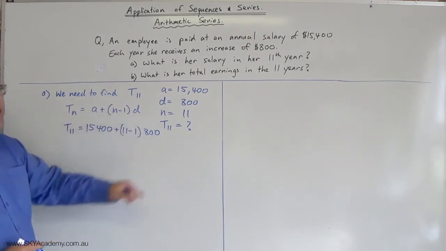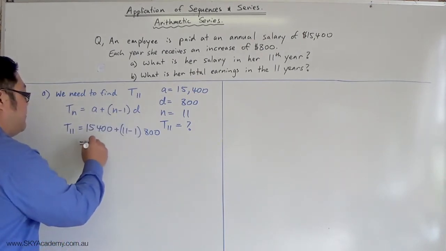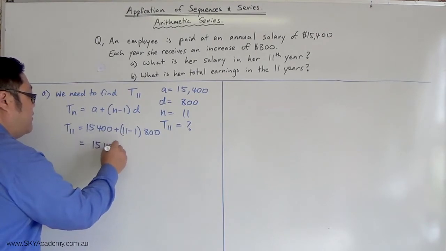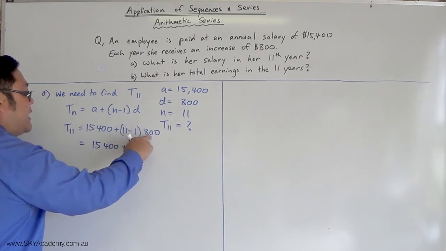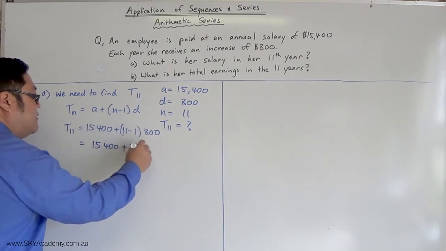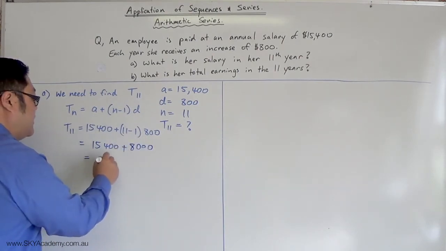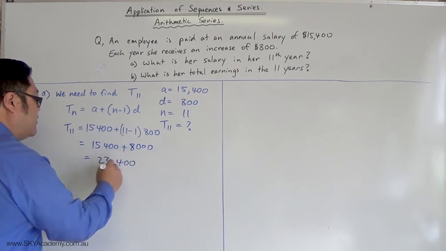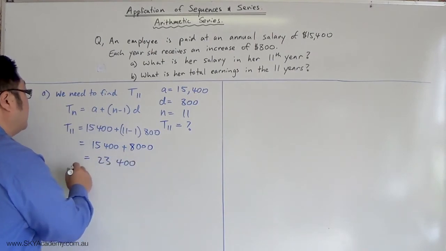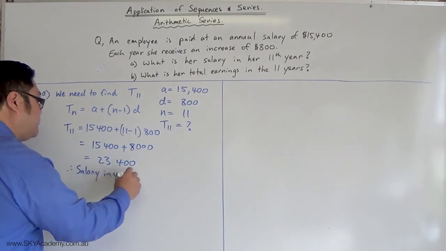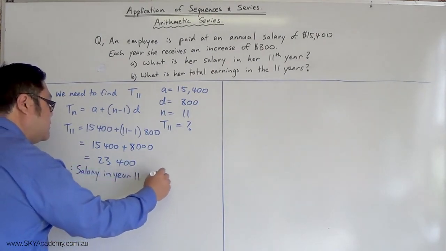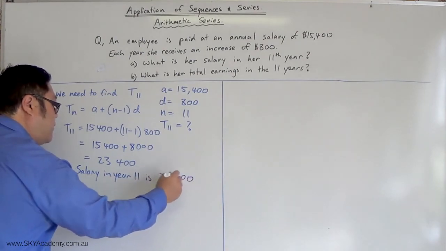And you end up with 15,400 plus 11 minus 1, which is 10. 10 times 800 is 8,000. So your answer will be $23,400. Therefore, salary in year 11 is $23,400.